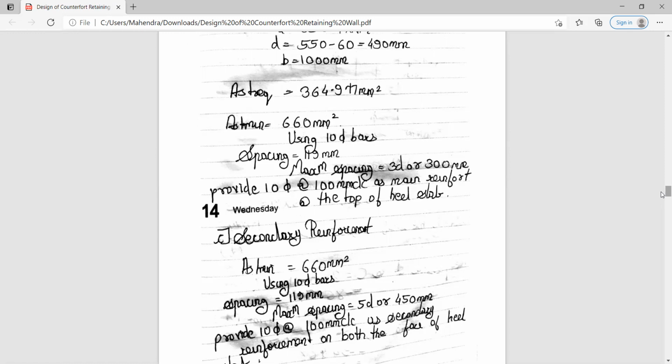So complete the secondary reinforcement, then we will proceed for the toe slab. This part of the reinforcement calculation already you have done in the stem also. Same that you have to do for the heel slab. Now we'll proceed for the design of the toe slab. Complete it fast.